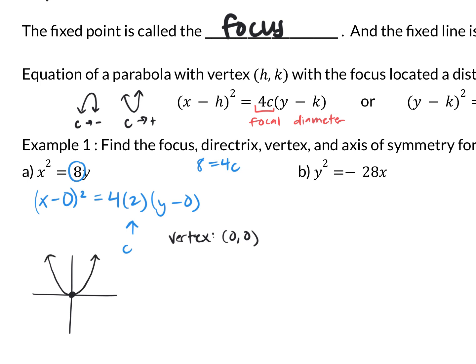My focus is the distance away from the vertex in the direction the parabola is opening. So if the parabola is opening up, my focus is going to go in that direction as well, and my focus is up a distance of 2 from that point. So your focus would be at 0, 2.